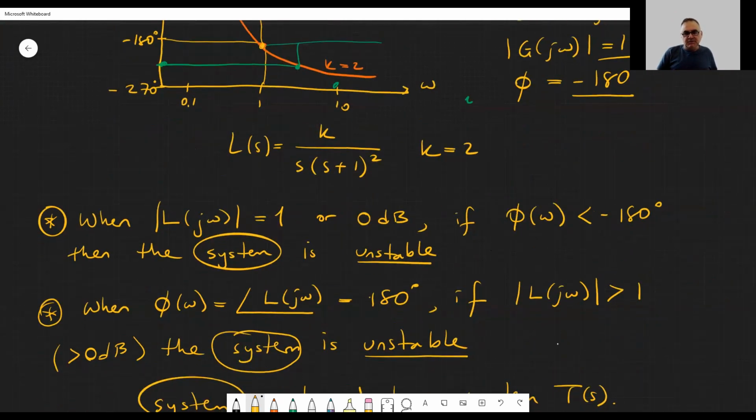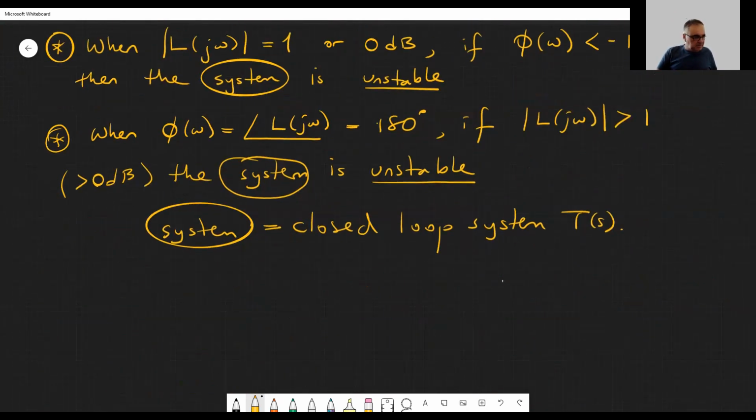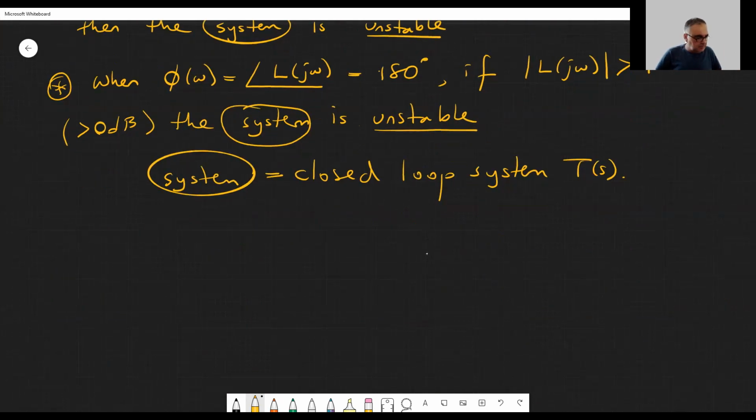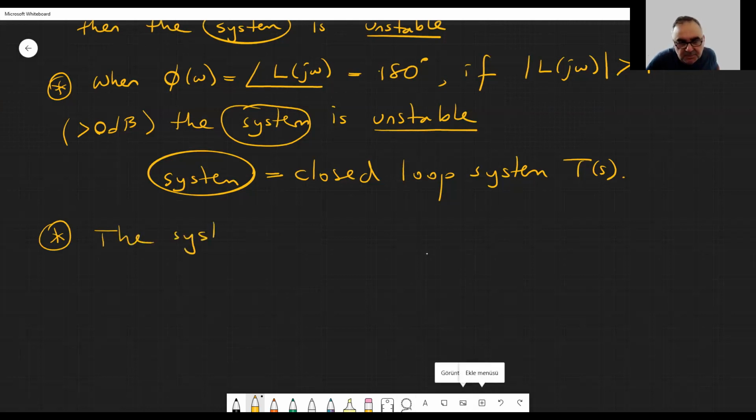That's what this Nyquist theorem implies, its implications. So in most systems, therefore, we have the following property. The system, let me call it the system, means the closed loop system.